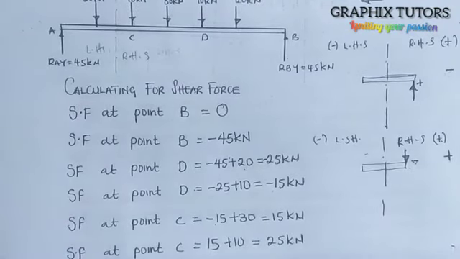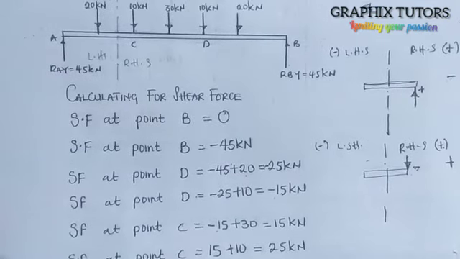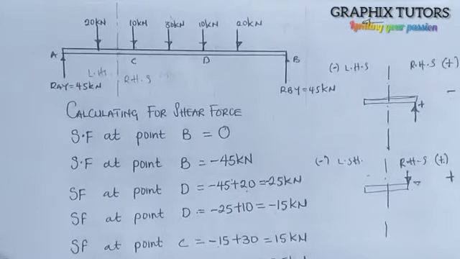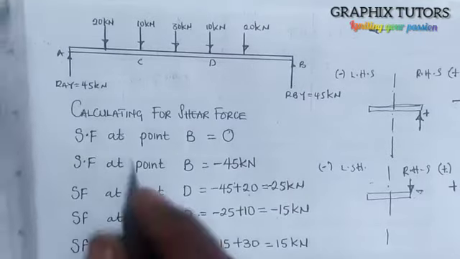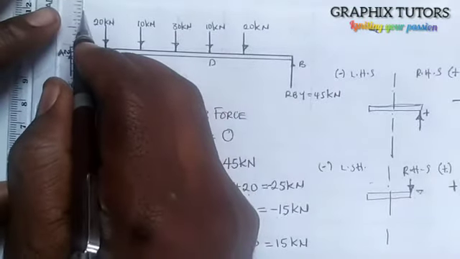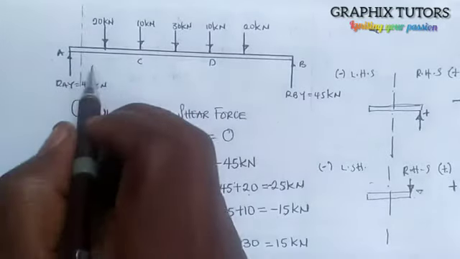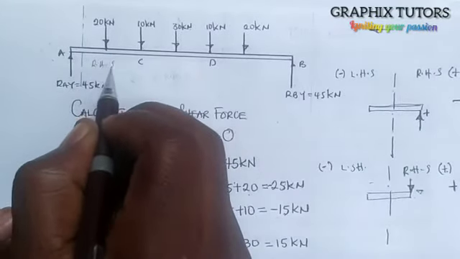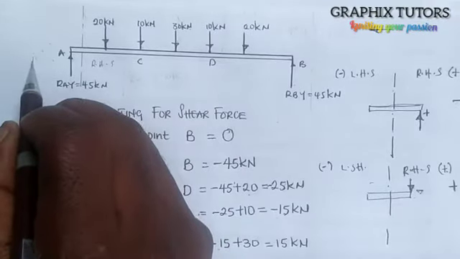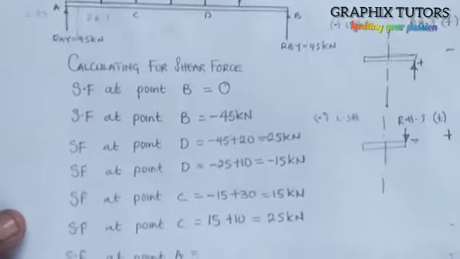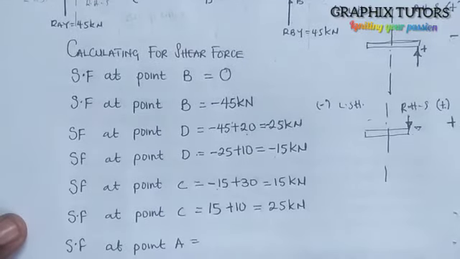Now the next thing I'll do is to do before A. The next one is the shear force at point A, and that point A is before A. So what I'll do is I'll go to section before A and I'll be having this. So having before A, I'll just come and section close to A this way, right? So this is my new right hand side and from here to here is the left hand side. So I'll write down my final answer, which is 25 kilonewton.